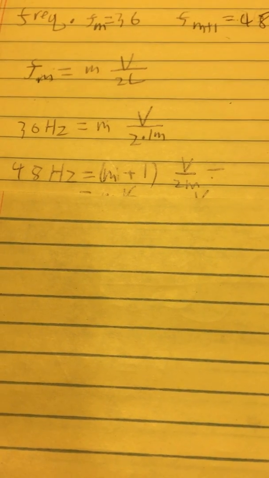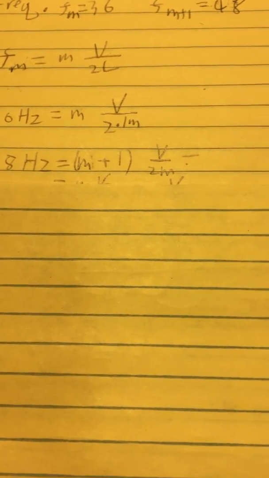For 48 Hz, since these two frequencies are successive, the harmonic is m plus 1. So instead of m, we can just write m plus 1, to get 48 Hz is equal to (m plus 1) times velocity divided by 2 meters.